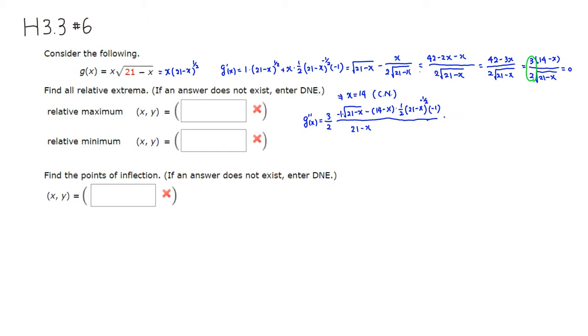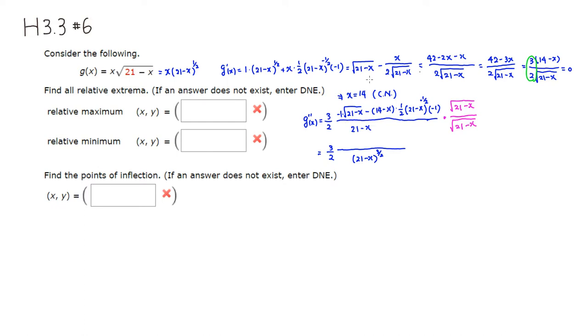So then we get 3 over 2 just there. Then the denominator is 21 minus x to the 3 halves power, because 1 plus 1 half.